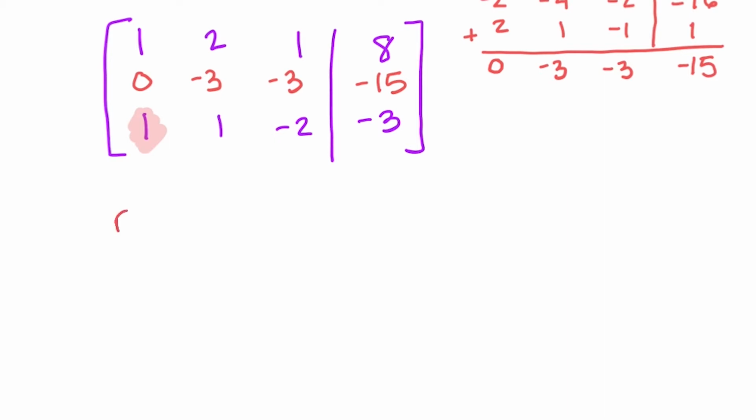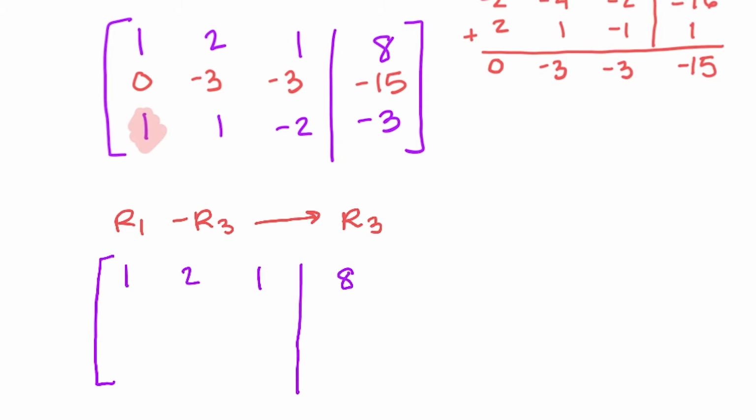I'm going to do row 1 minus row 3, and this time this is to change row 3. So from the previous matrix, row 1 is staying the same, and this time row 2 is also staying the same. We're just going to do row 1 minus row 3 to get that new row 3.